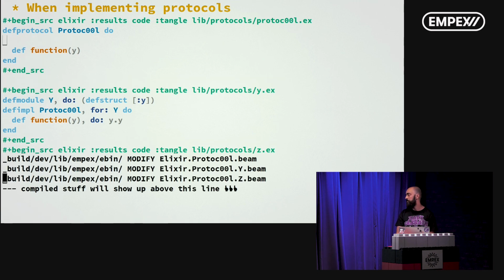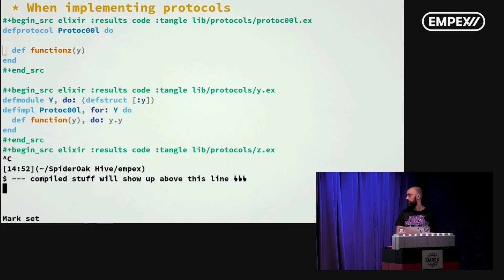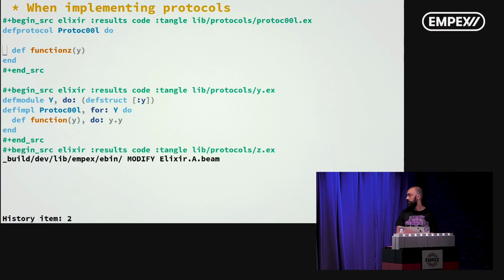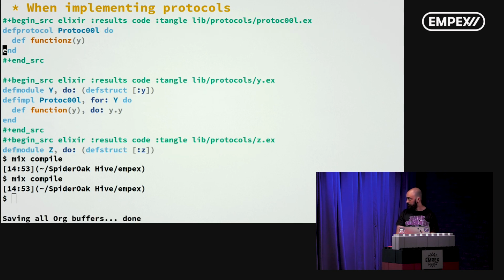Well, we need to recompile every single implementation, because how do we know, for the same reasons as the structs, if I change the function name, we need to update the implementation so that it can reflect what the protocol actually does.